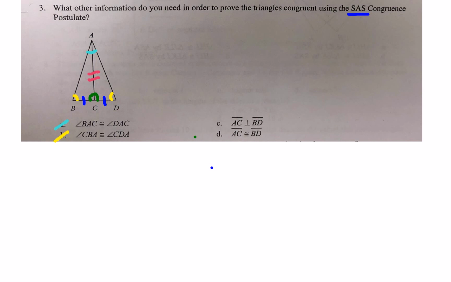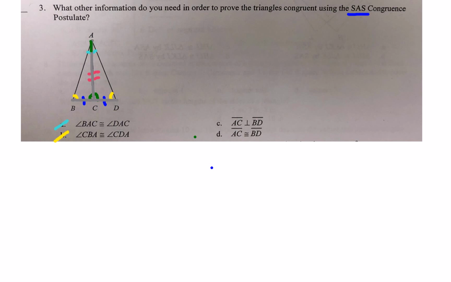Now, let me see. C says that AC is perpendicular to BD. Okay? This line right here is perpendicular to this one. Maybe I may choose another, stronger color that you can see better.